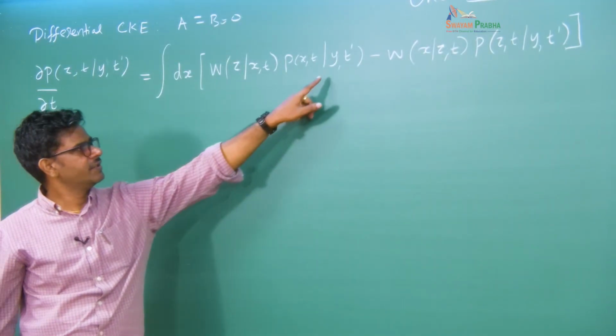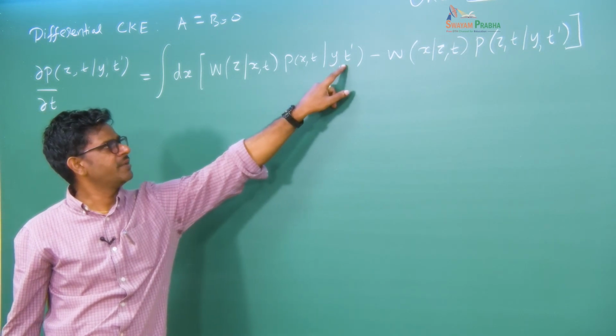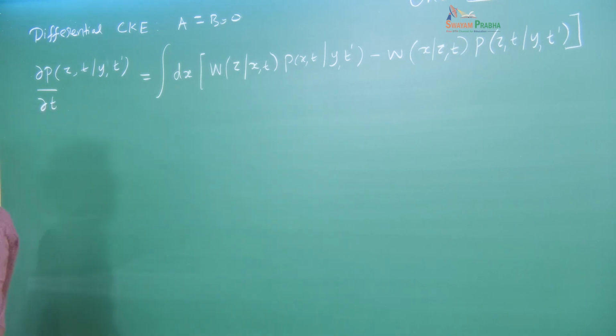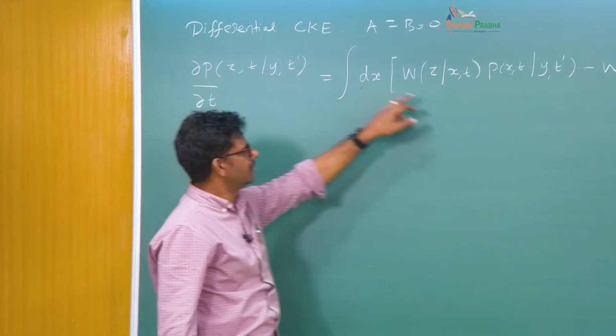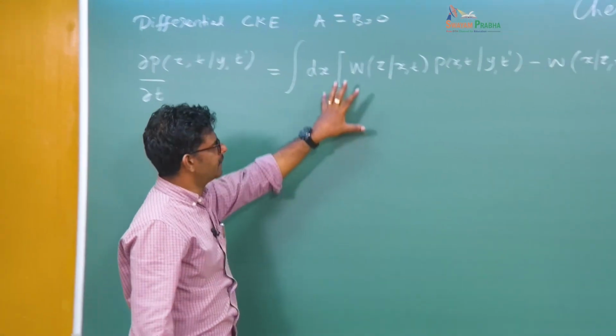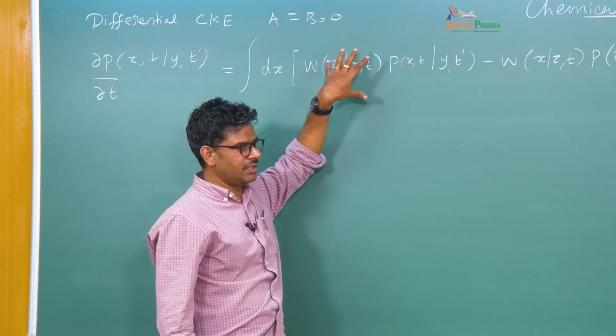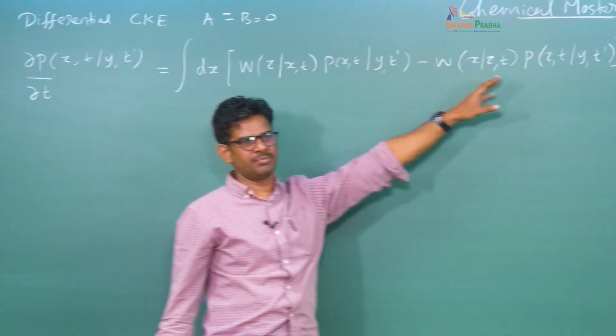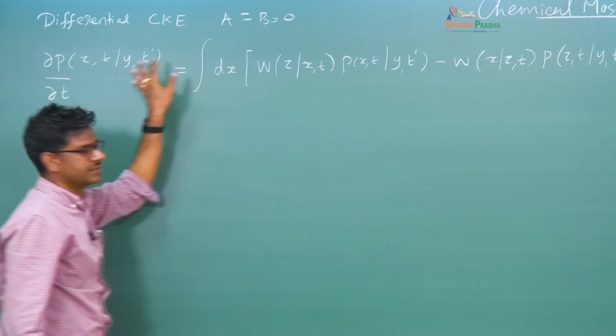We say that, given the system is at y at t prime, it can jump to a state x, t. It is possible over many intermediate values of x. So in a way, it tells you the rate of increase in probability minus the rate of decrease in probability. That is basically a net probability current that changes this.